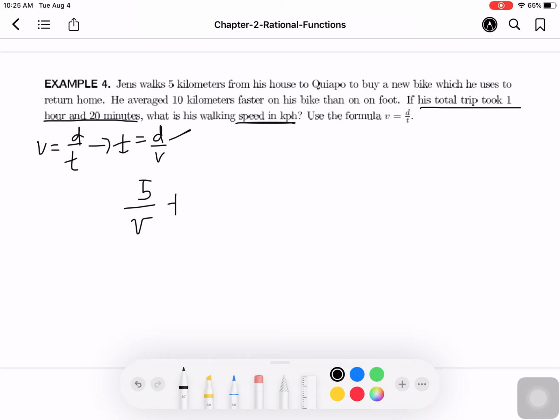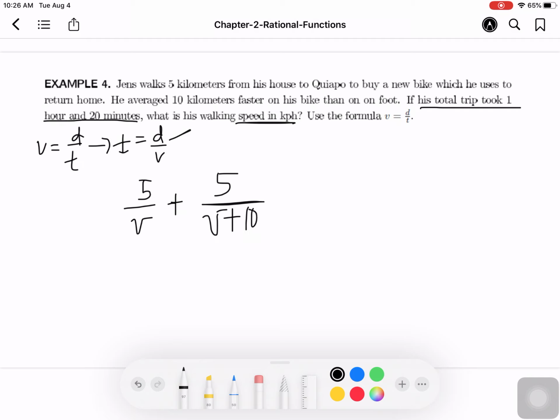So we will find V. So the equation must contain only the variable V. Okay, so let's go back. 5 kilometers divided by V plus, when he returns to his house, he averaged 10 kilometers faster. So meaning again, the 5 kilometers doesn't change. So faster, it will be V plus 10 because his speed is faster.